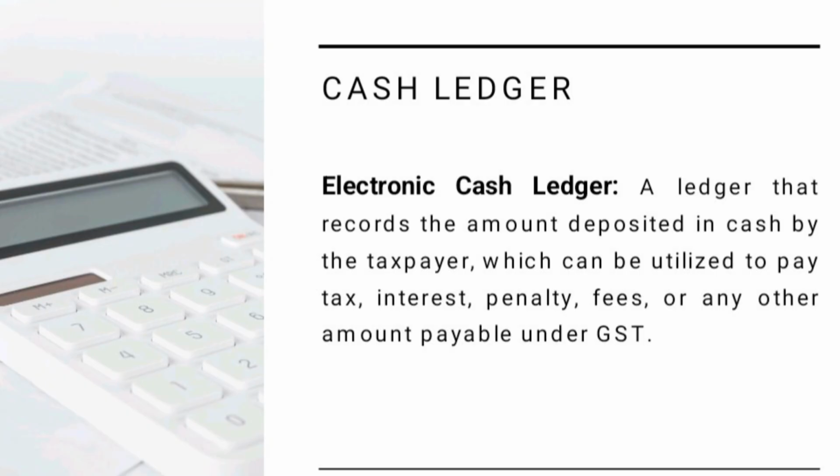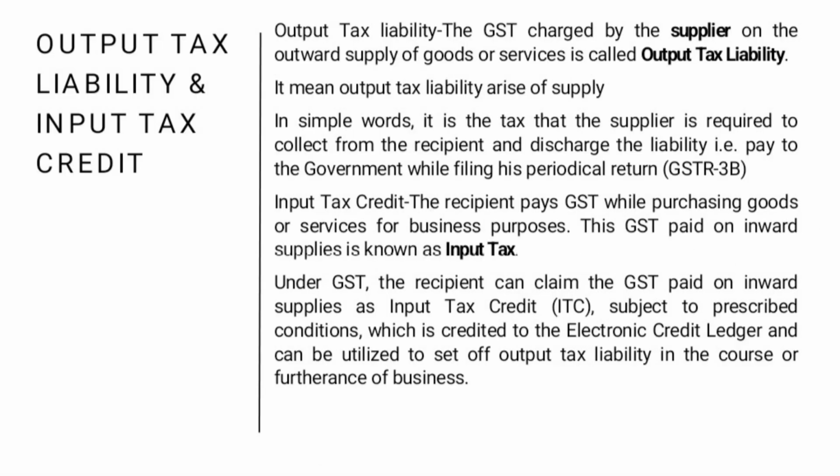Here you see output tax liability and input tax credit. Output tax liability: the GST charged by the supplier on the outward supply of goods or services is called output tax liability. I am the supplier. I sold an article to you for rupees 1000 and tax of 5%, say 5%.